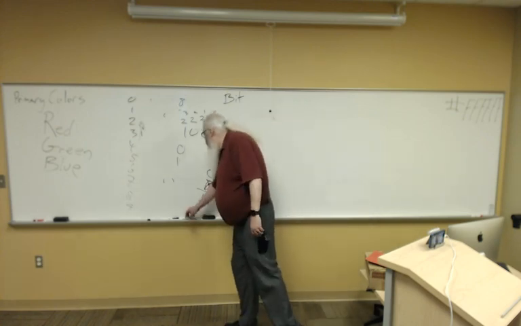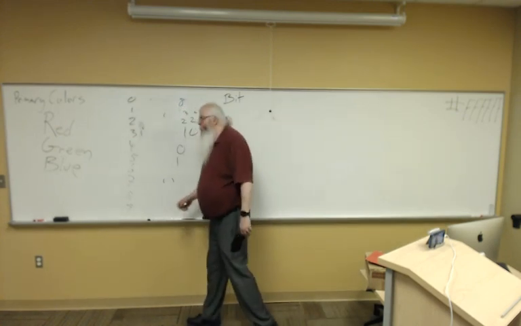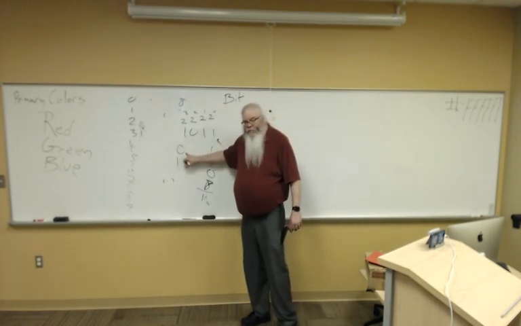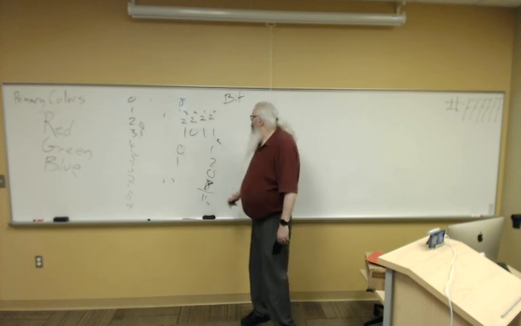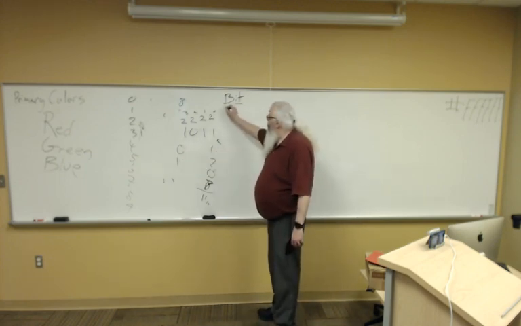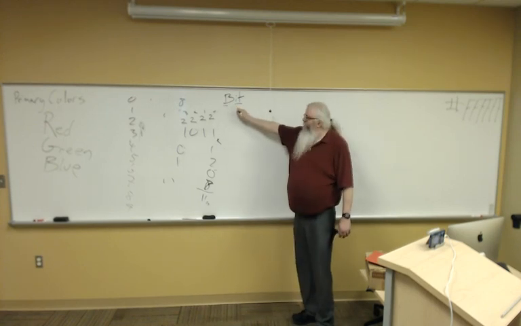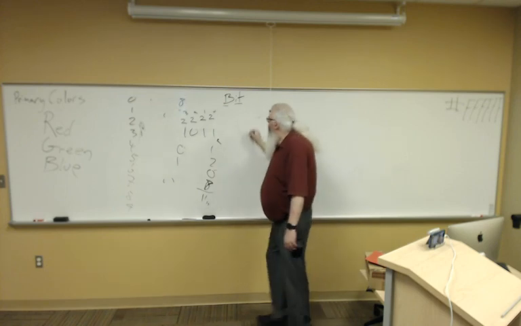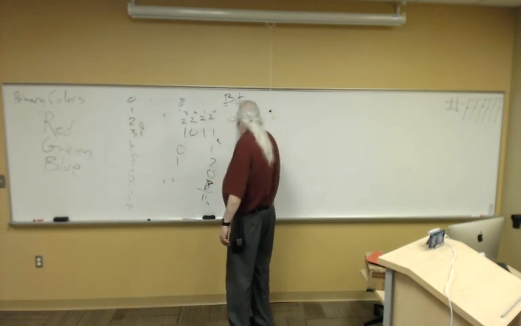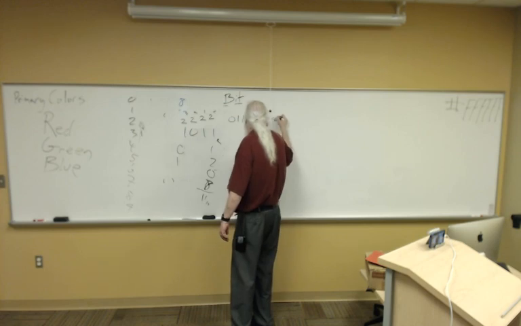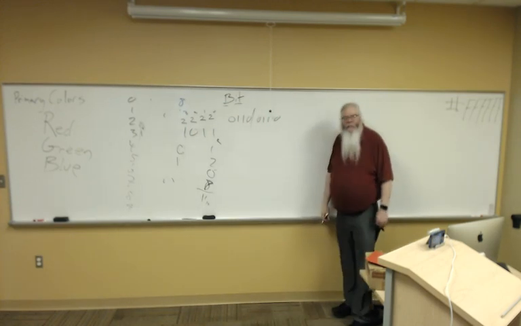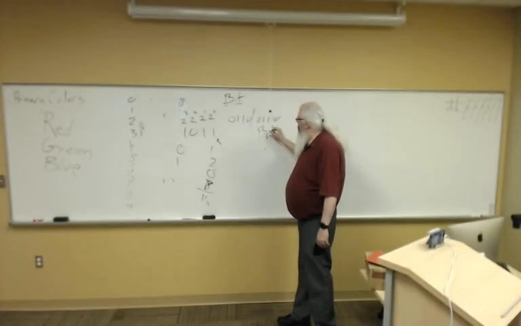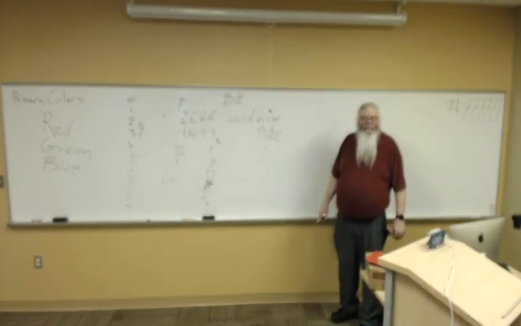So what that is called is binary, and a 0 and a 1, those are binary digits, and we call that a bit. Binary digit, bit. If we put 8 bits together, we call that a byte. A byte is 8 bits.